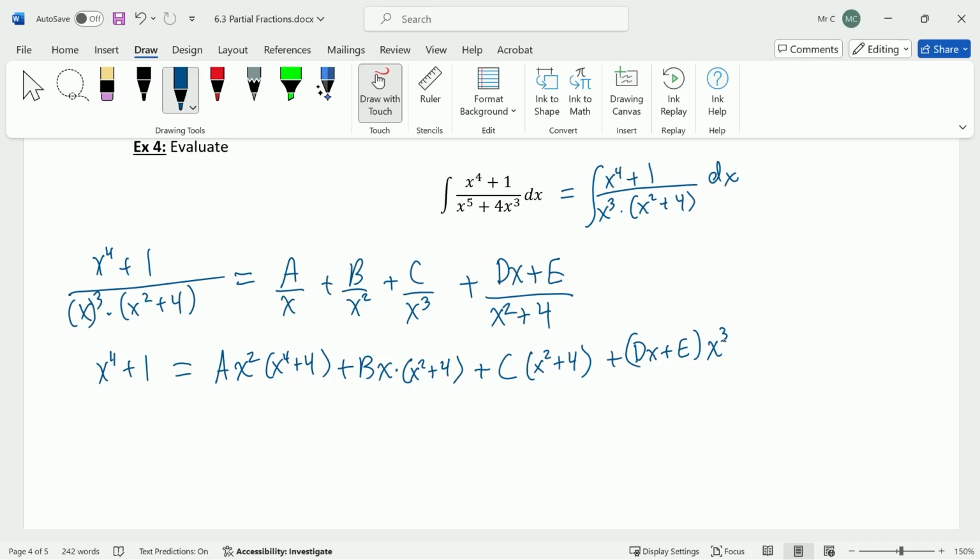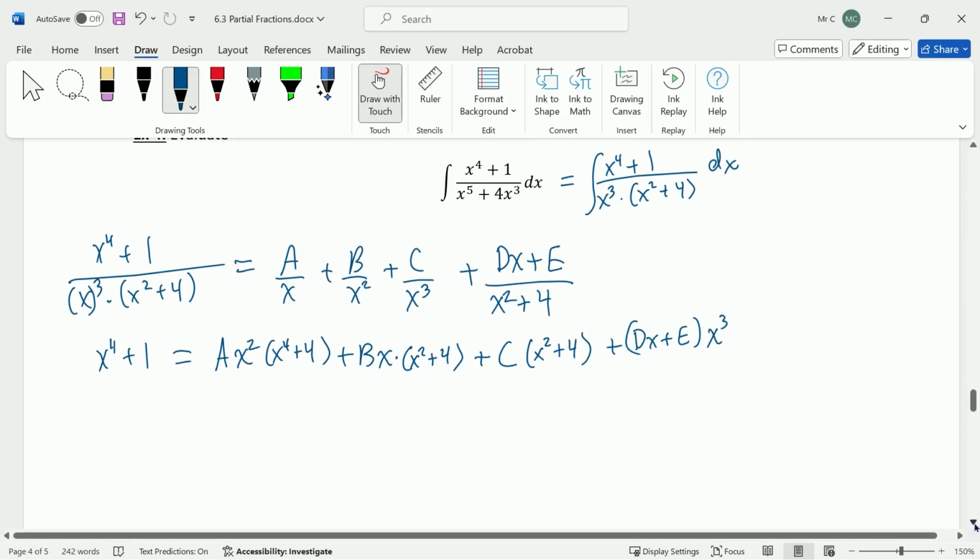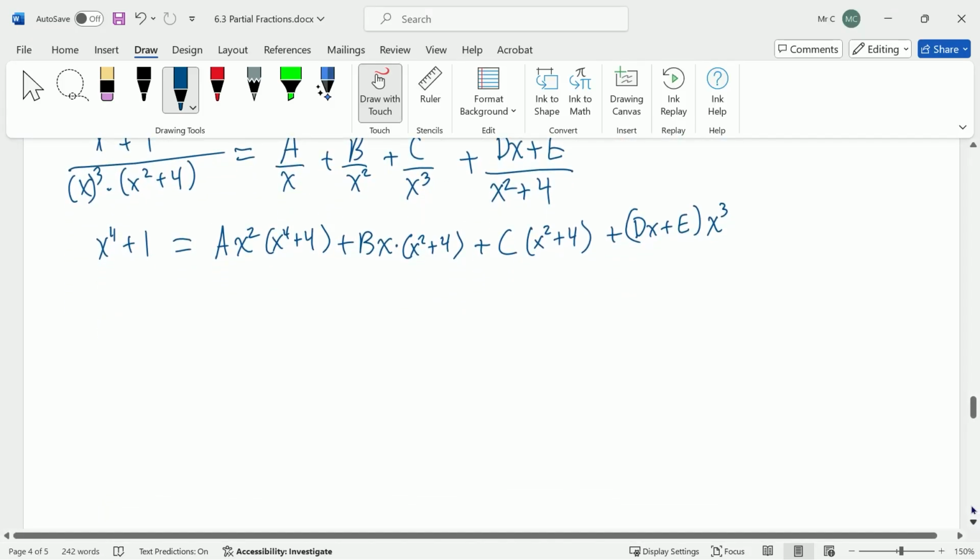Now again, I'm finding a common denominator here, so this is all over x cubed times x squared plus 4 on both sides, but then I cancel my denominators, and I'm just skipping that part of the process. Okay, so now we want to solve this algebraically.